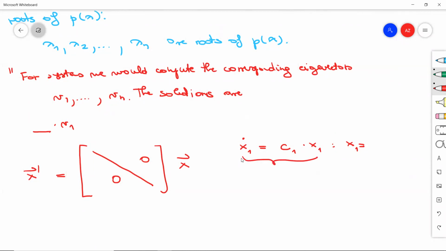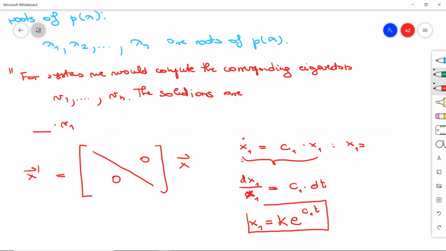By separation of variables, we have dx1 over x1 equals c1 times dt. So x1 is then in fact e to c1 t, times some constant k. So x1 will be of this form if we had a diagonal system. But if we don't have a diagonal system, then this e to lambda t remains.